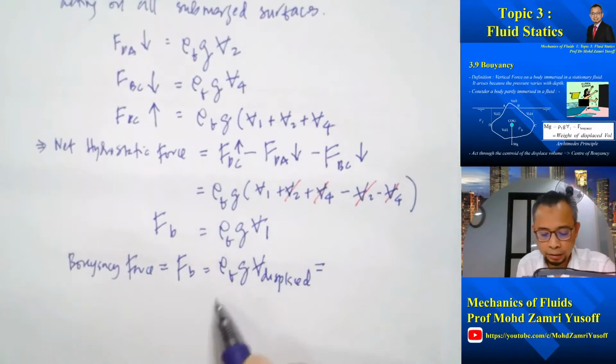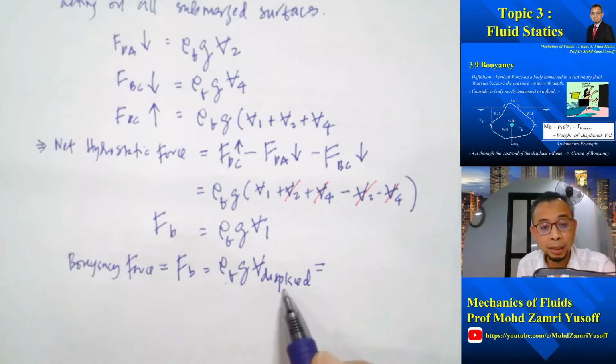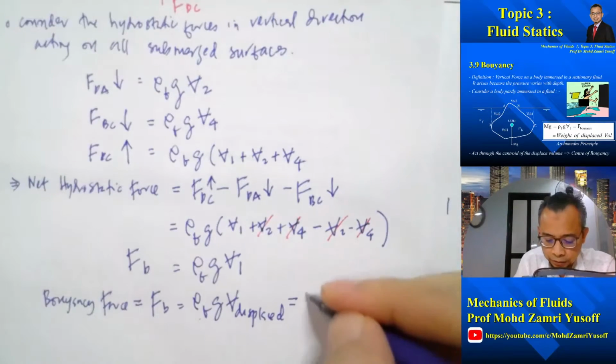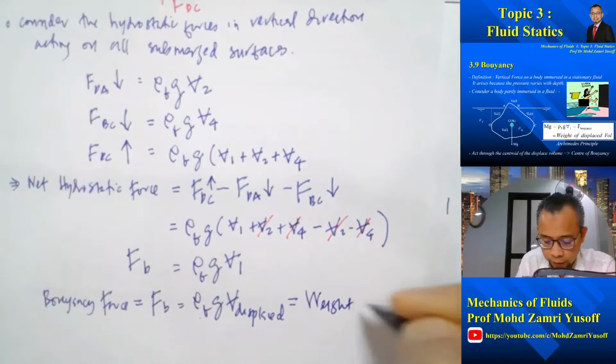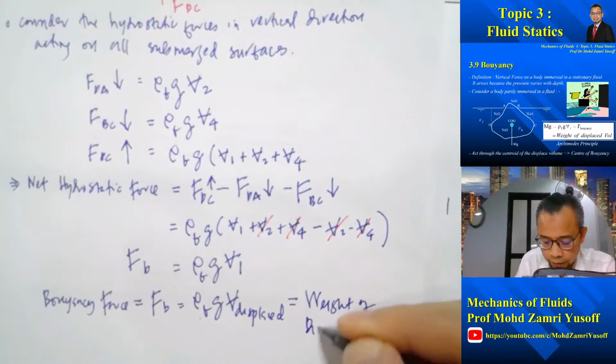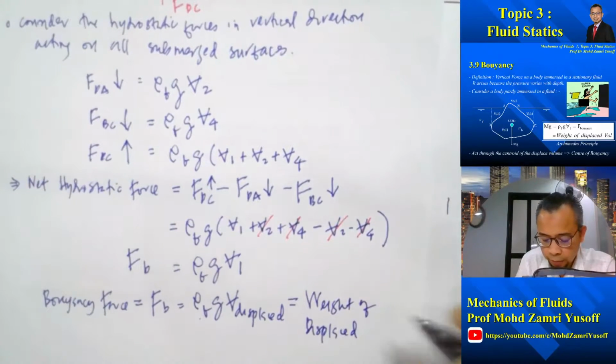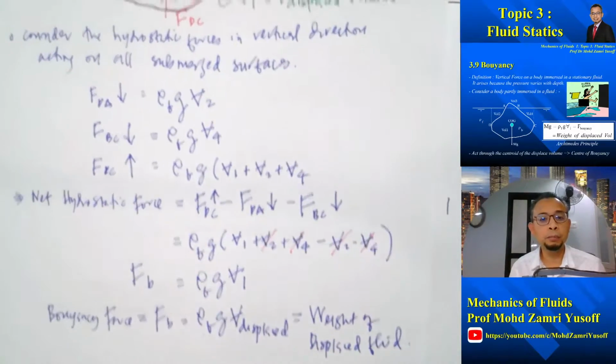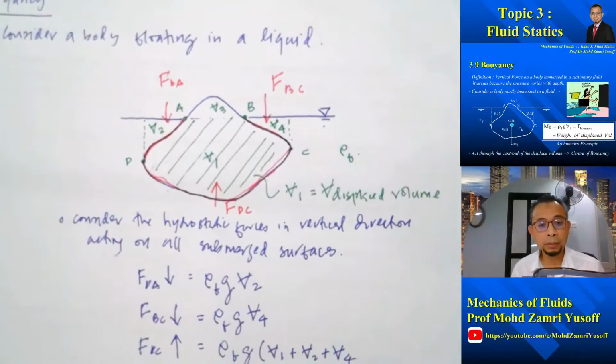Because we take rho_f multiplied by g multiplied by V_displaced, this is also equal to the weight of the displaced fluid.